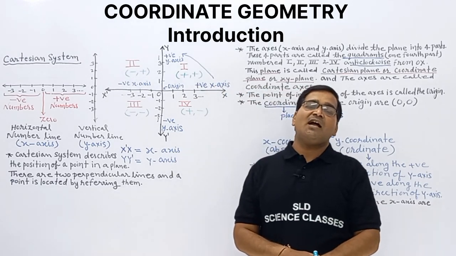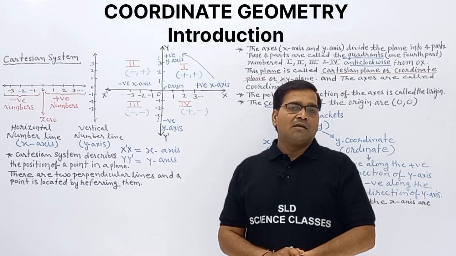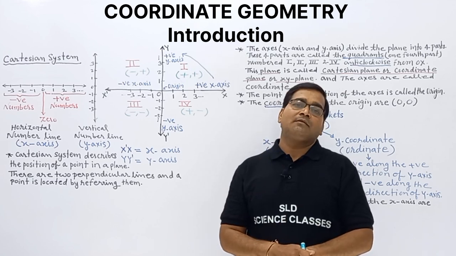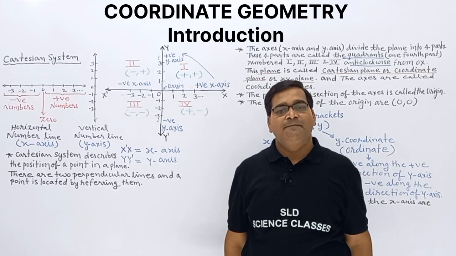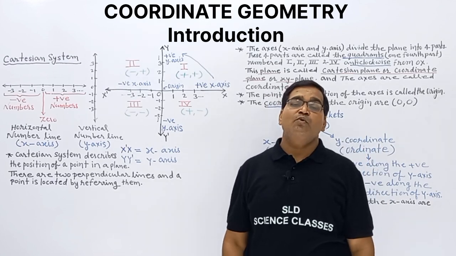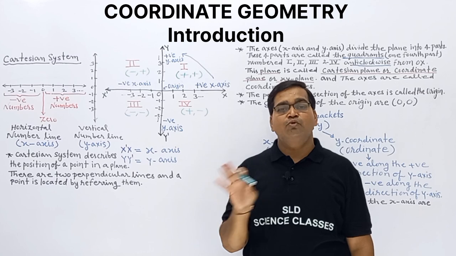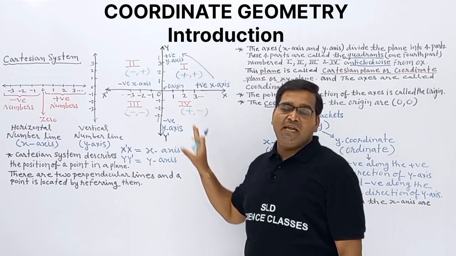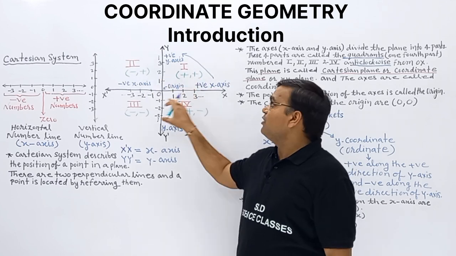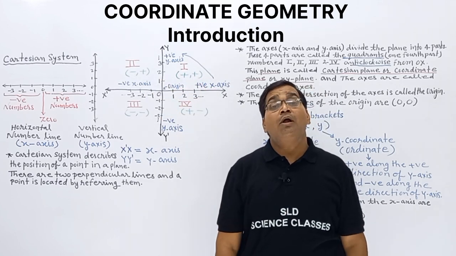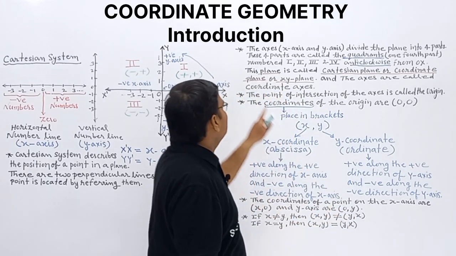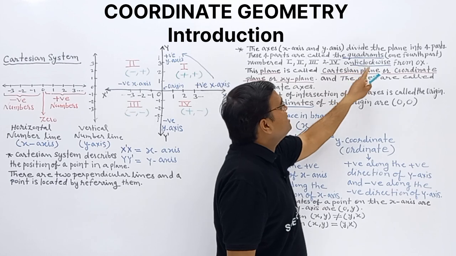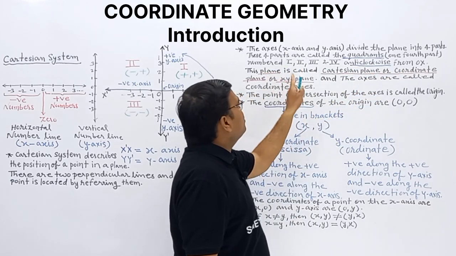In the Cartesian system, we have two perpendicular lines intersecting each other perpendicularly at the origin, and we have four quadrants: first, second, third, and fourth. Clear? This is one plane, and it is called the Cartesian plane, coordinate plane, or XY plane.